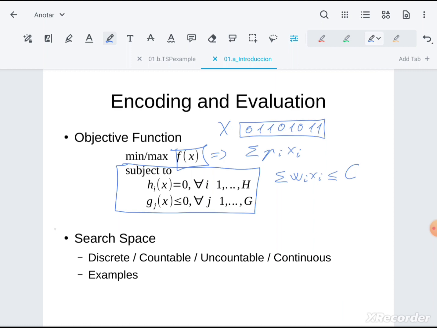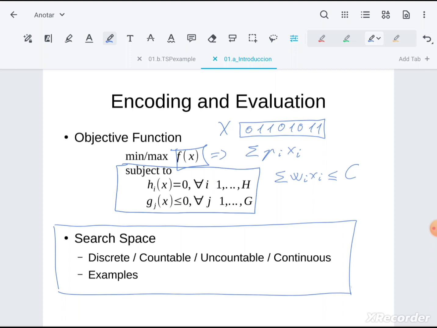Well, the space of potential solutions will depend on the problem. For instance, in the case of the knapsack, it is a binary space, which is obviously discrete and countable, and so on.